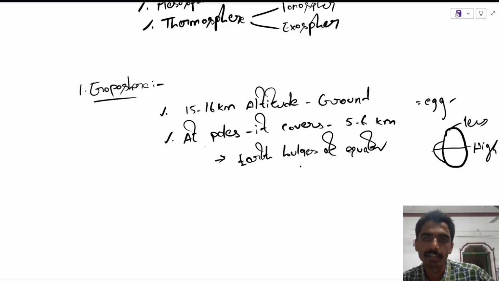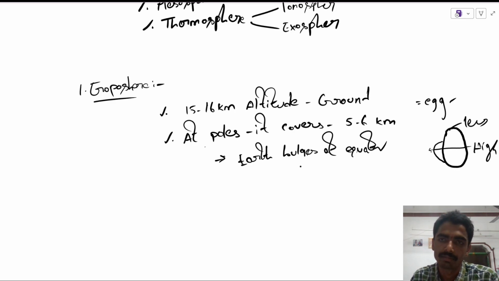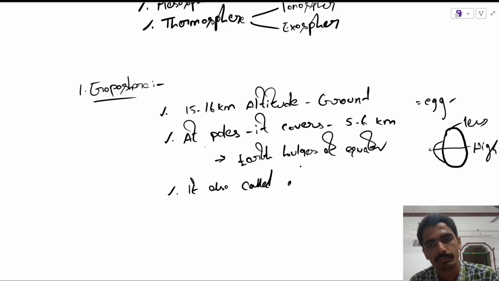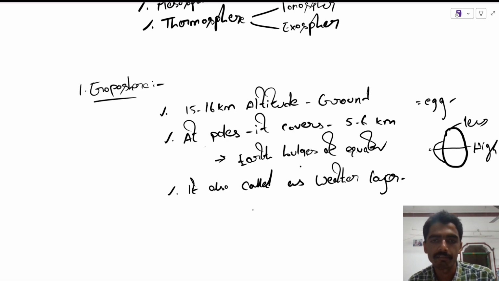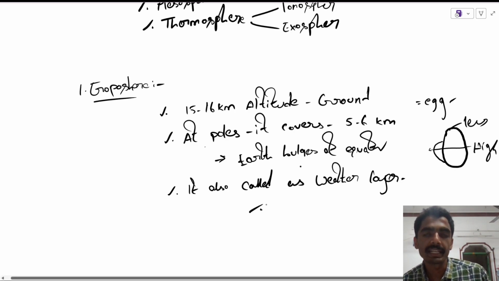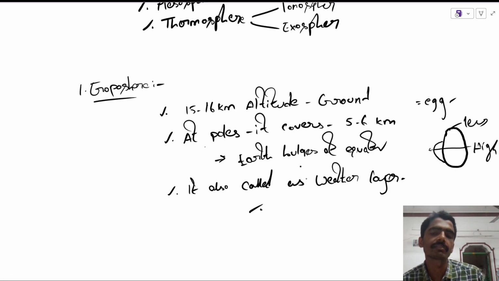Here it will increase as the altitude of the atmosphere level, which is called the troposphere. It is also called the weather layer. The weather layer, which includes the temperature, rainfall, humidity, fog, snow, all these things, is covered and accumulated in the troposphere.